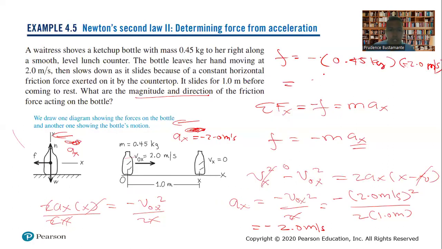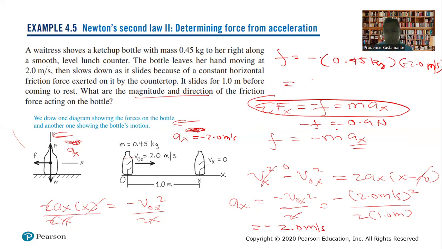Okay, let's make another try. So this is negative F, which is equal to 0.9 Newton.